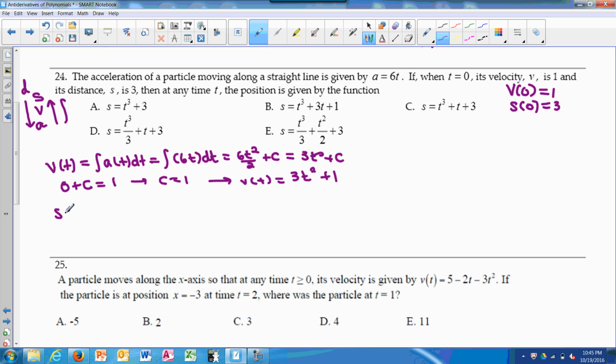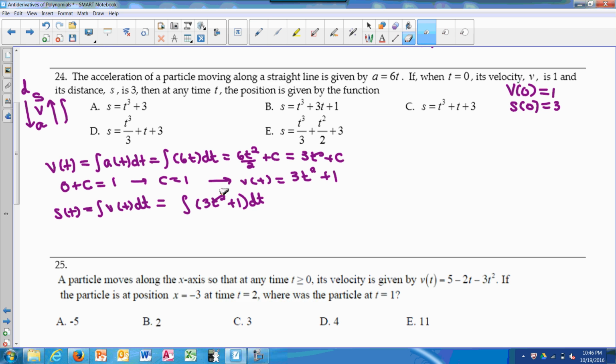Now going backwards from velocity will give me position. So I'm going to go backwards from the 3t squared plus 1 dt. Going backwards from 3t squared, I get 3t cubed over 3 plus t plus, I'm going to call this d. So I can double check. This cancels.